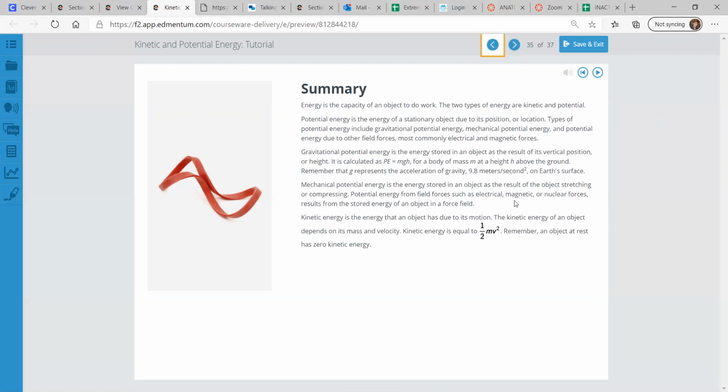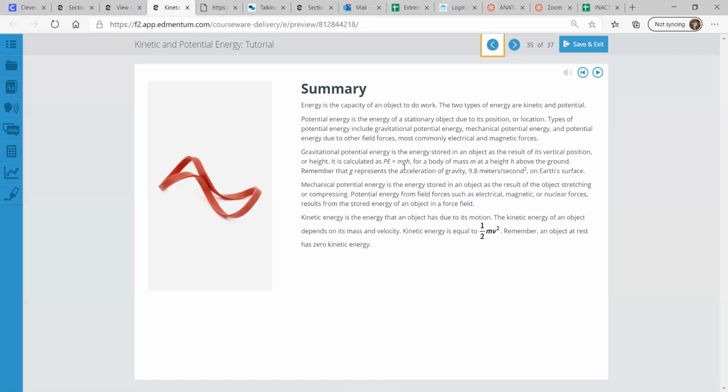Gravitational potential energy is the energy stored in an object as a result of its vertical position above the ground. And to calculate that is mgh, mass times the acceleration due to gravity times height. And g is always 9.8 meters per second squared in this class, unless told otherwise.